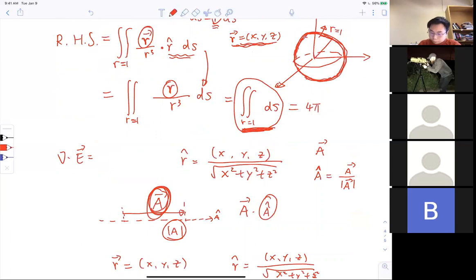Remember, dS is the infinitesimal area element, a small element, and you're integrating these small area elements over all of it. Where is the 1 over r squared? This guy is 1 over r squared, but we are integrating over the surface of this sphere, which is r equal to 1. Oh, I see.